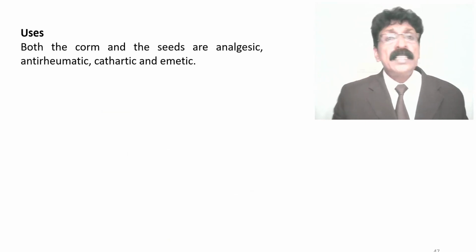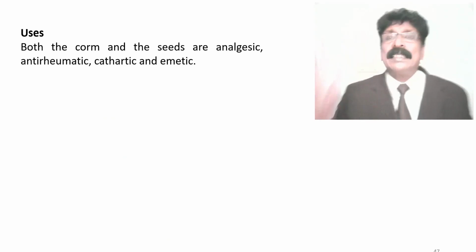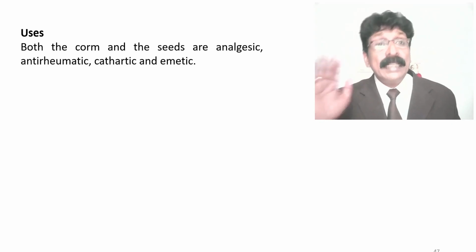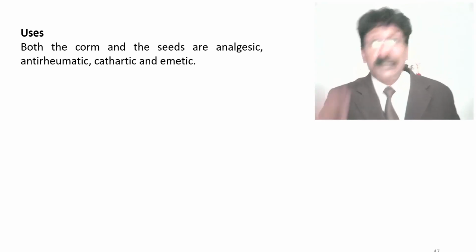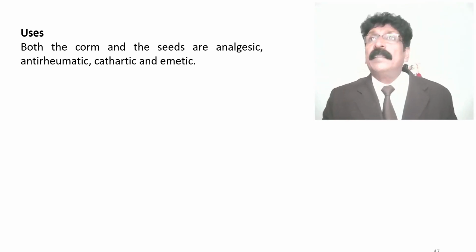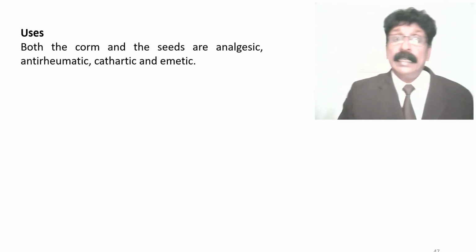Uses of colchicine: both the corm and the seeds are analgesic, anti-rheumatic, cathartic, expels the complete GI contents, purgative, emetic.